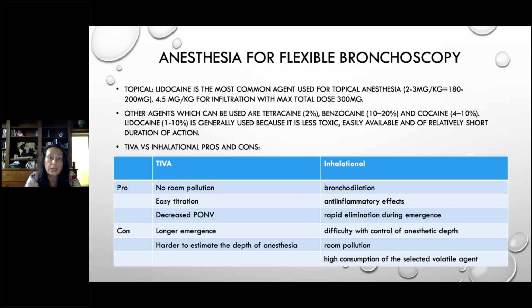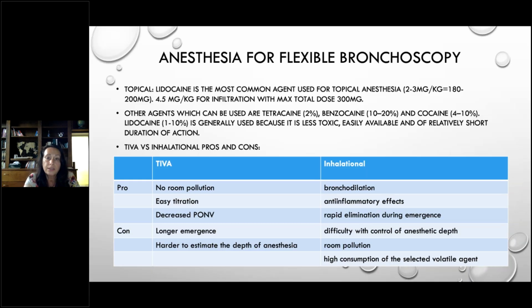The inhalational anesthesia has some benefits too. It has bronchodilation effects. It has some anti-inflammatory effects. It is rapid on and rapid emergence. The problem with using inhalational agents for bronchoscopy is, again, difficulty to control anesthetic depth because of the suctioning and because of the possible leaks.